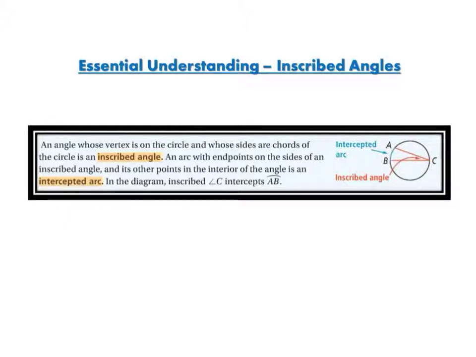It's all inside of the circle, and the vertex is on the side of the circle. That's called an inscribed angle. Now, this outside arc, or the arc between points A and B, is called the intercepted arc. So in this diagram, inscribed angle C intercepts arc AB.